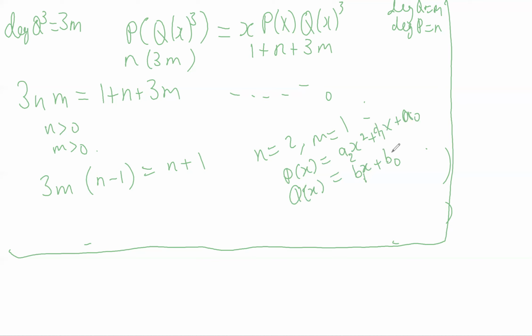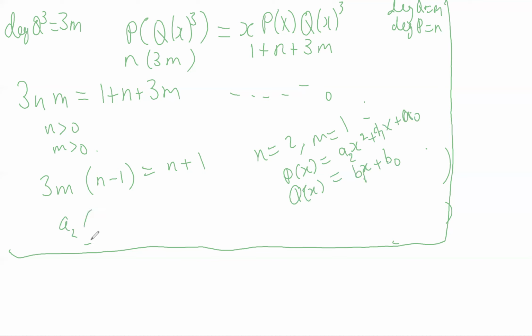So using the other approach, what would you get? You get a2 q of x cubed.